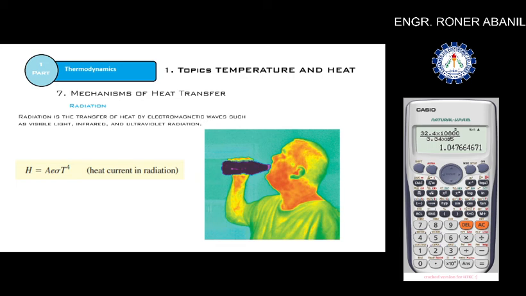Although even at these temperatures, most of the energy is carried by infrared waves. At 3000 degrees Celsius, the temperature of an incandescent lamp filament, the radiation contains enough visible light that the body appears white hot. That is the case for our incandescent lamp.